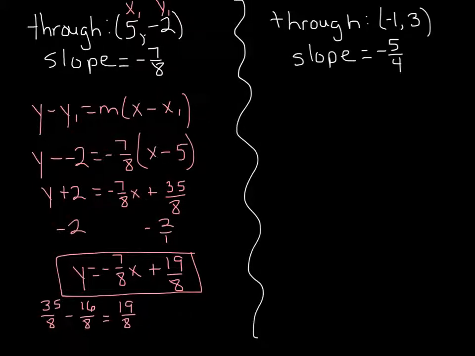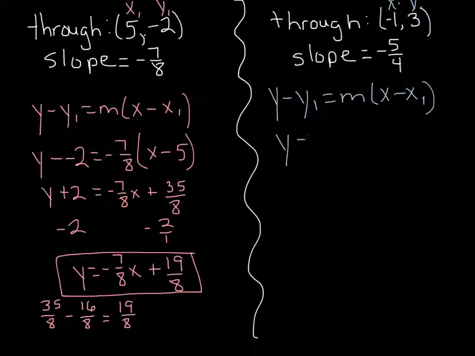Okay, for this one, we're going to do the same thing. Plug it in the point-slope formula, because we have a point and the slope. Equals m x minus x1. This is x1, this is y1.